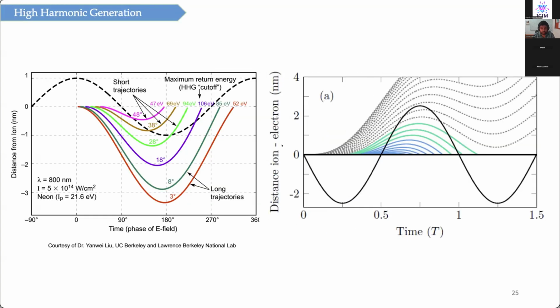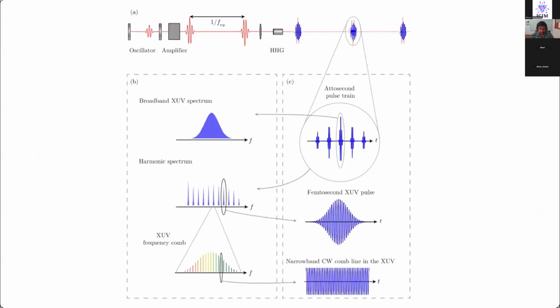So now you have harmonics, and if you can do some technical advancement, you would be able to make an attosecond pulse train. You start with a femtosecond oscillator, then amplify and use that to focus onto a gas cell, producing harmonics.